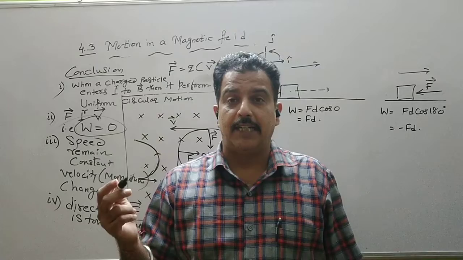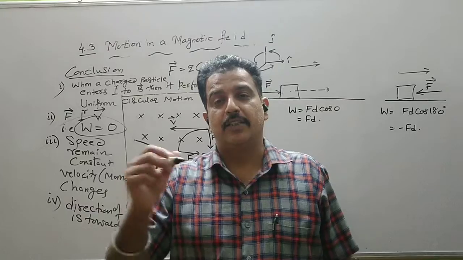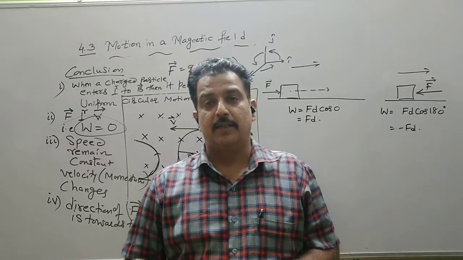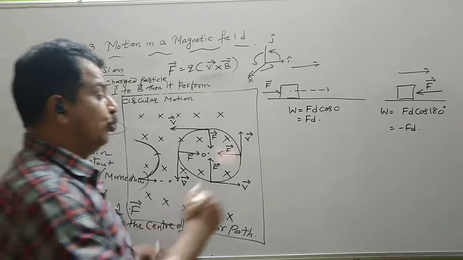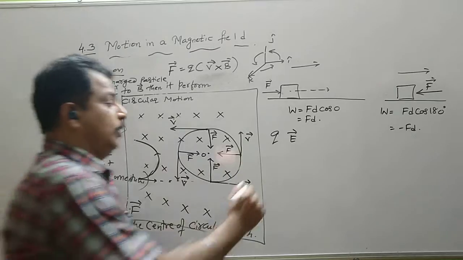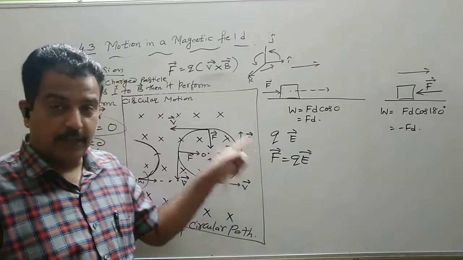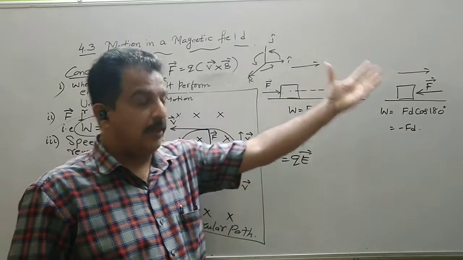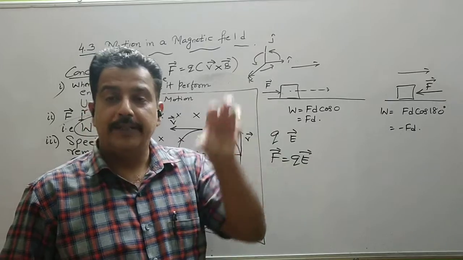Now in the case of an electric field, if a charged particle enters into the electric field, then there is a transfer of energy as well as momentum, because when the charged particle Q enters the electric field, the force formula is simply Q into E. So force acts on it, and if the component is in the direction of the motion or opposite, work is done on the charged particle due to the electric field.